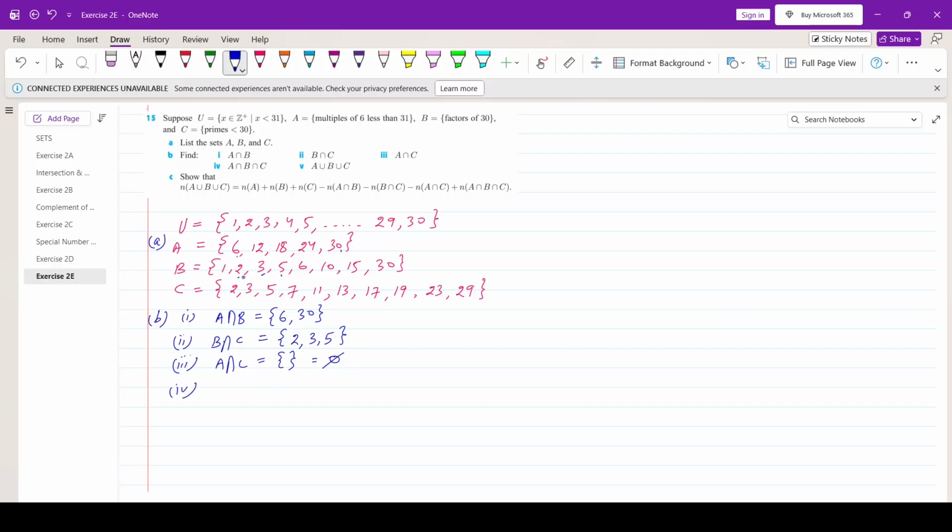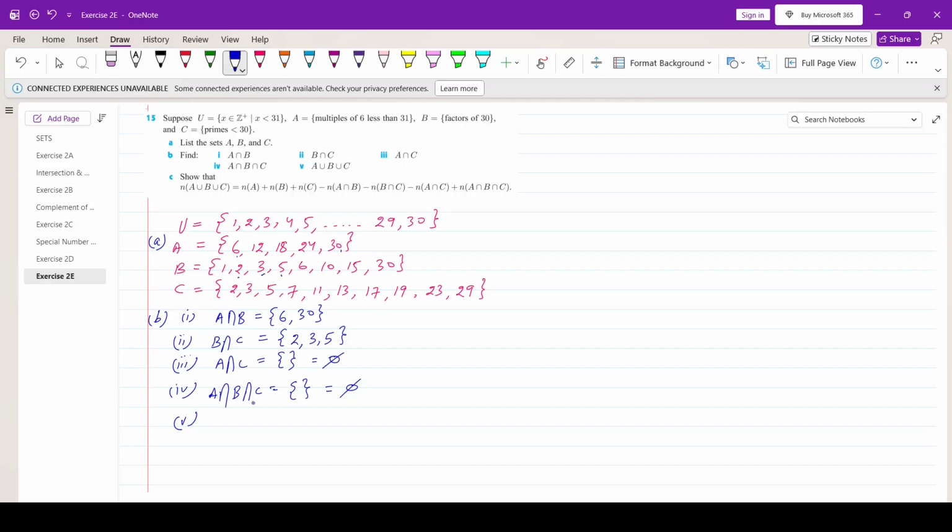So part 4 says A intersection B intersection C. So the common part will be an empty set. Since A intersection C is an empty set, A intersection B intersection C will also be an empty set.